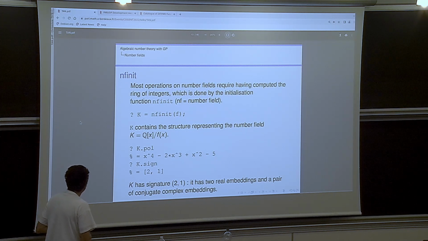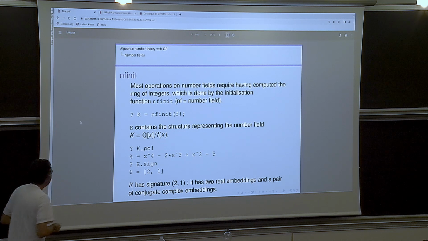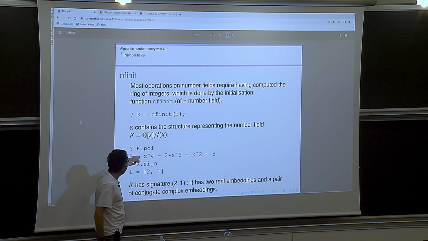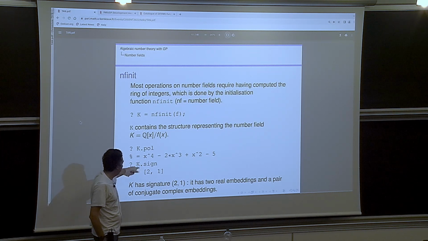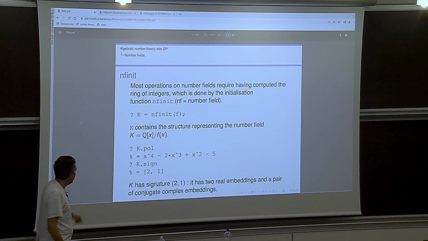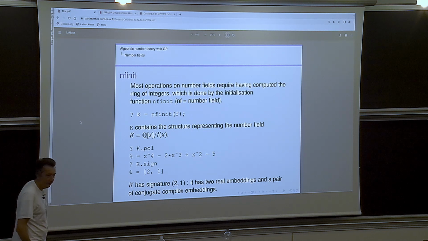So you do K equal nfinit of f, and you get some structure. K.pol is the polynomial f, K.sign is the signature. Here that means that there are two real embeddings and two complex conjugate embeddings.